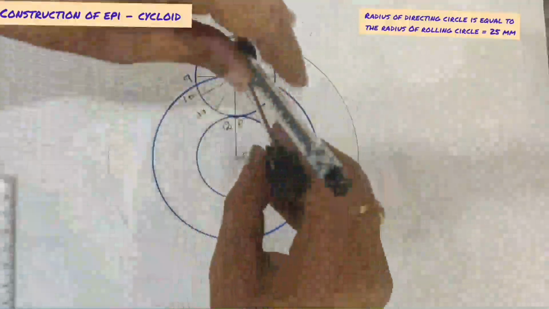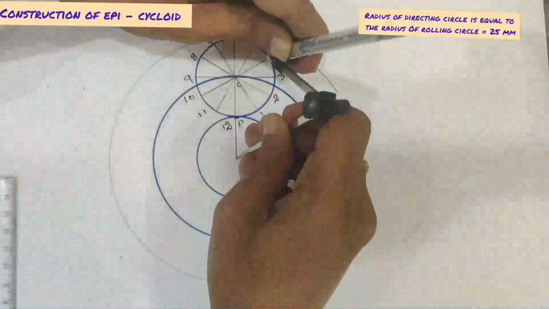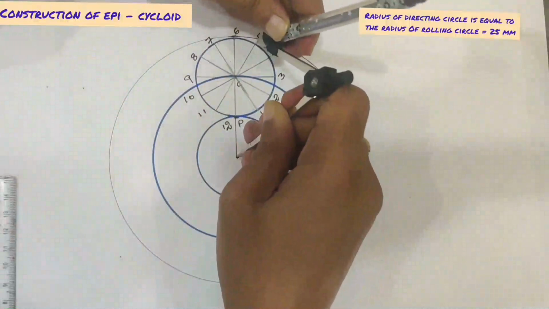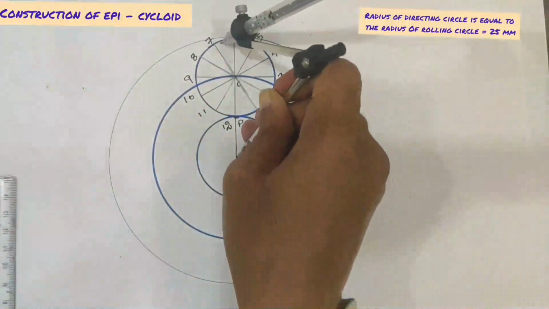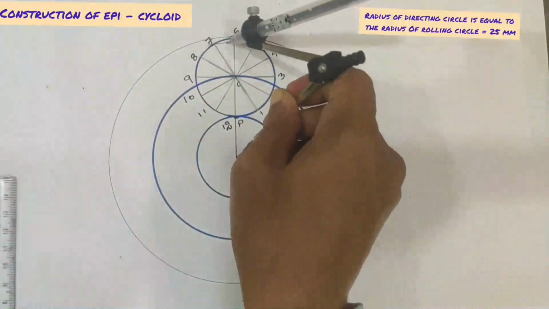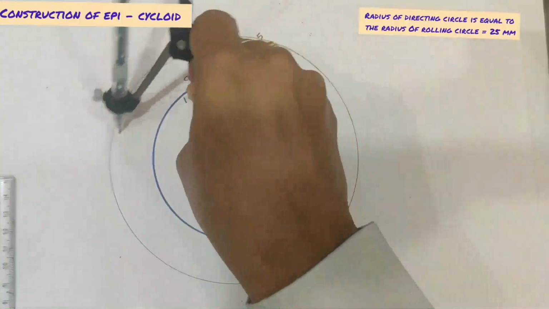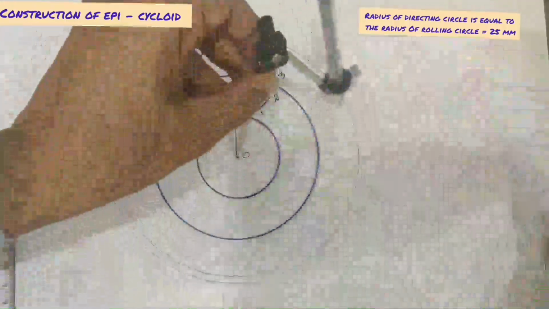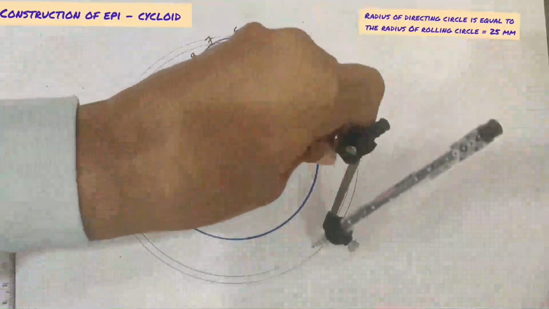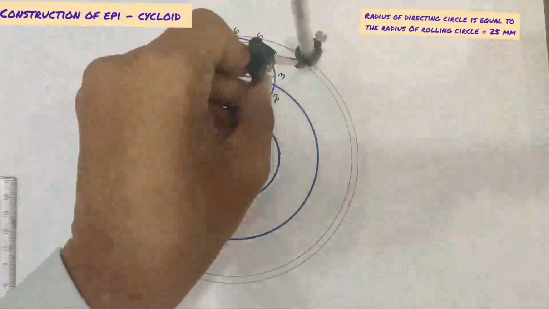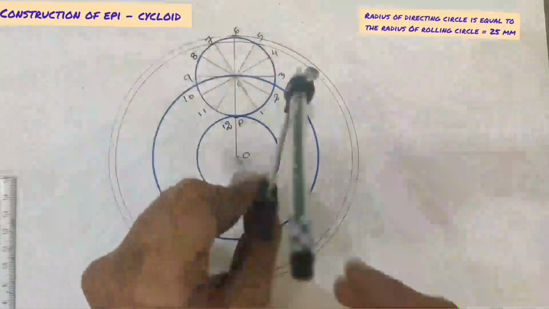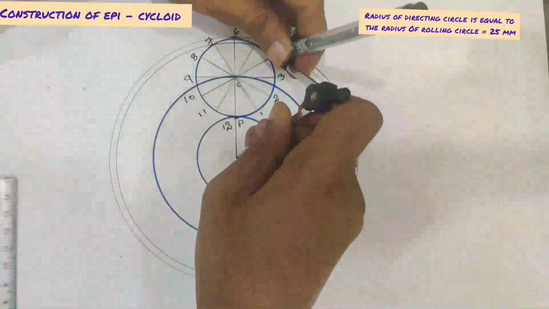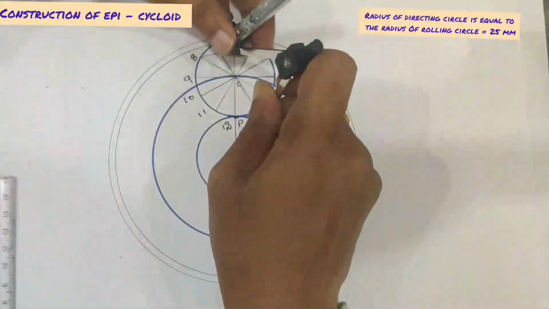Next, O as a center, O7 and O5 as a radius. Draw a circle parallel to the directing circle. Similarly, O4 and O8 as a radius.